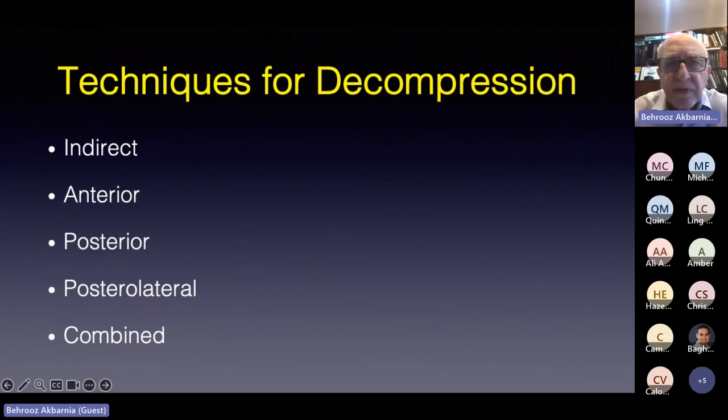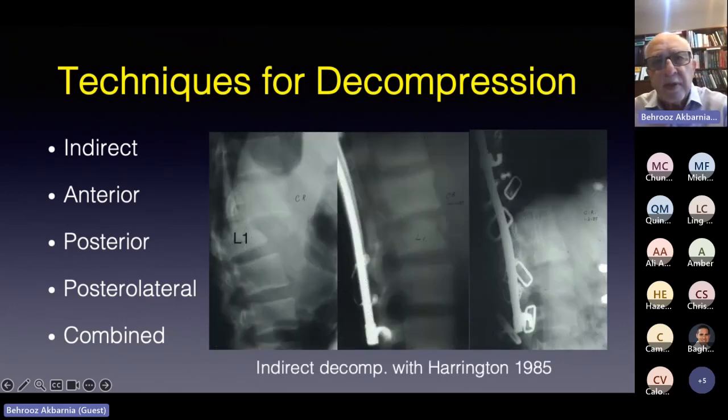The techniques of decompression are either indirect, anterior, posterior, posterolateral, or combined. The indirect decompression is something like this: the patient had a fracture dislocation, and by using the Harrington technique and distraction, there was a reduction, and therefore there was no need for direct decompression.